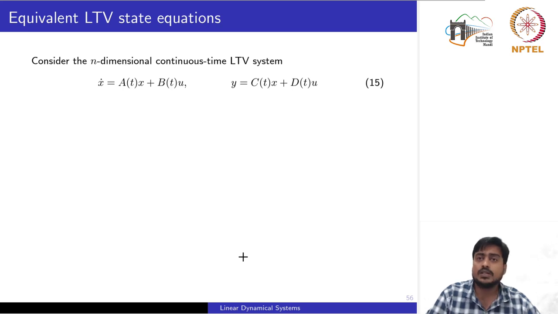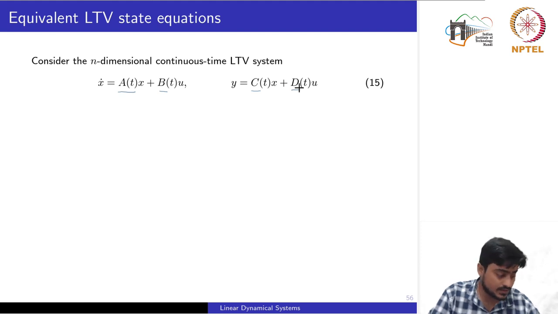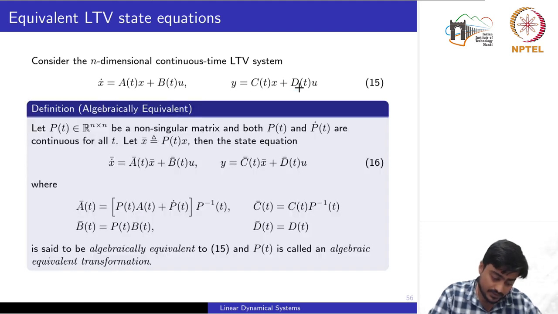Now moving towards the LTV case, we know that in LTV systems all these matrices are time dependent. Similarly, first of all we define the algebraic equivalence. Here we define a non-singular matrix P(t), which is also an n cross n matrix. This P(t) is also assumed to satisfy the property that P(t) and the derivative of P(t) are continuous for all time t.